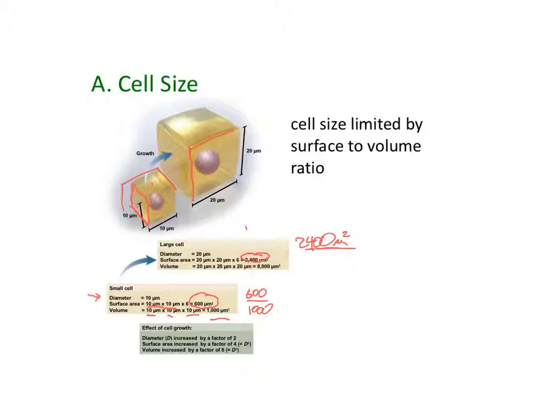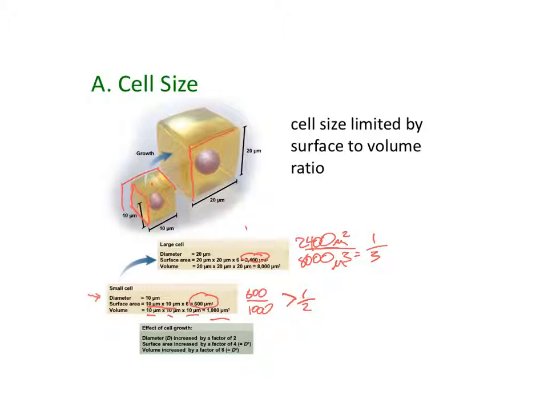The volume is 20 by 20 by 20, or 8,000 microns cubed. So the ratio is now roughly 1 to 3, which is 6/10 before, so it's a much smaller ratio, less than 1/2.